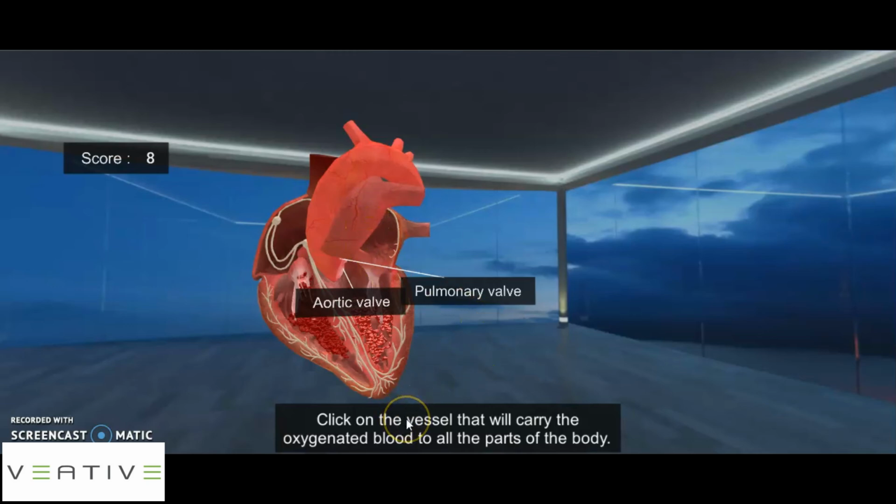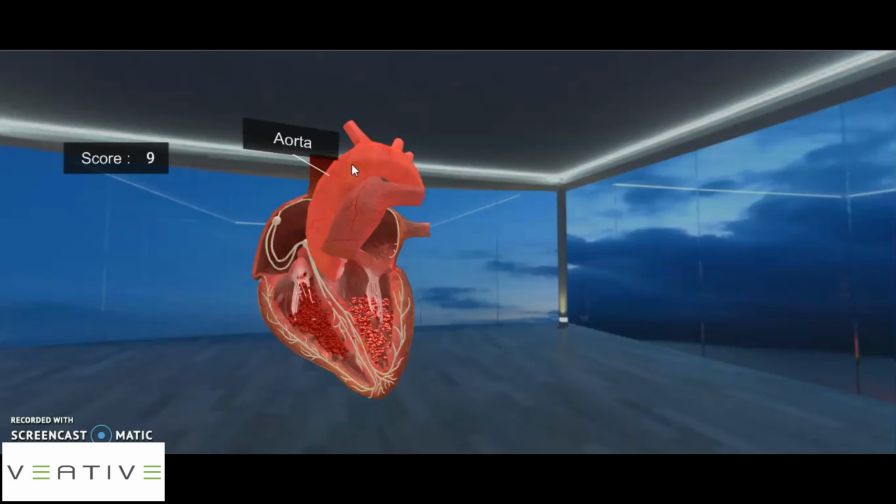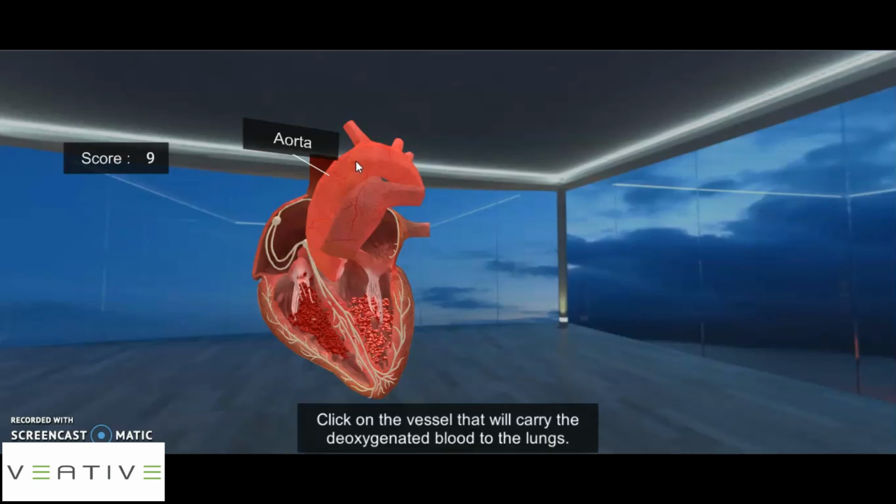Click on the vessel that will carry the oxygenated blood to all parts of the body. Yes, the biggest artery, which is the aorta. Click on the vessel that will carry the deoxygenated blood to the lungs. Which one?